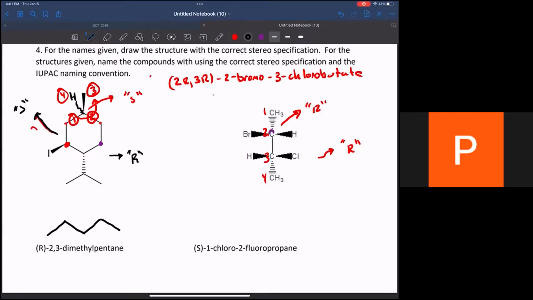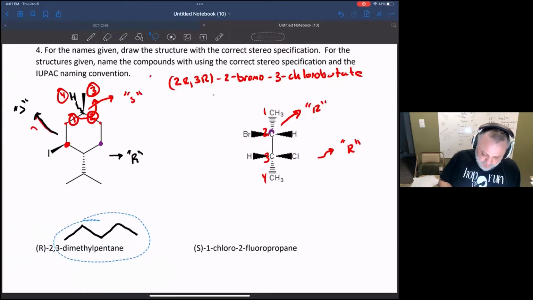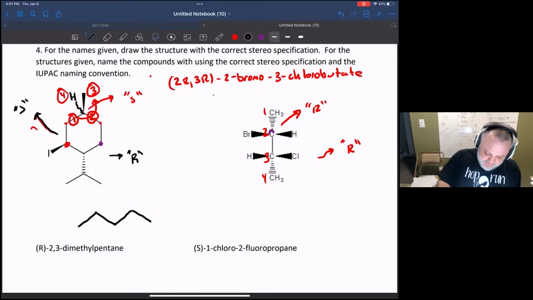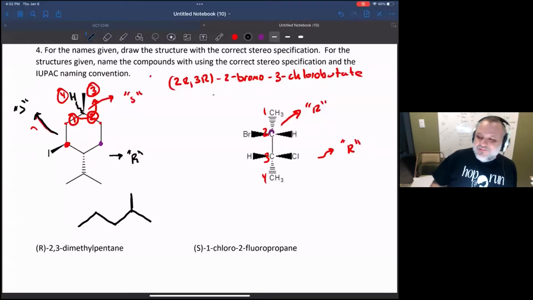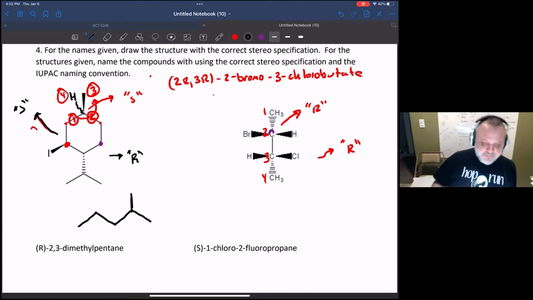I've got 2 methyl groups, 1 at the 2 position and 1 at the 3 position. It looks like one of those is chiral and one of them isn't. Which one's chiral? The methyl group at the 2 position isn't going to mean a chiral carbon, so I'm not going to show that, but the 3 position is chiral.